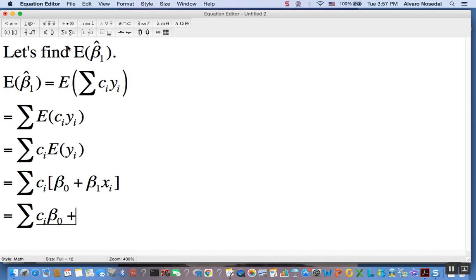So, summation of ci beta 0 plus summation of ci beta 1 xi.